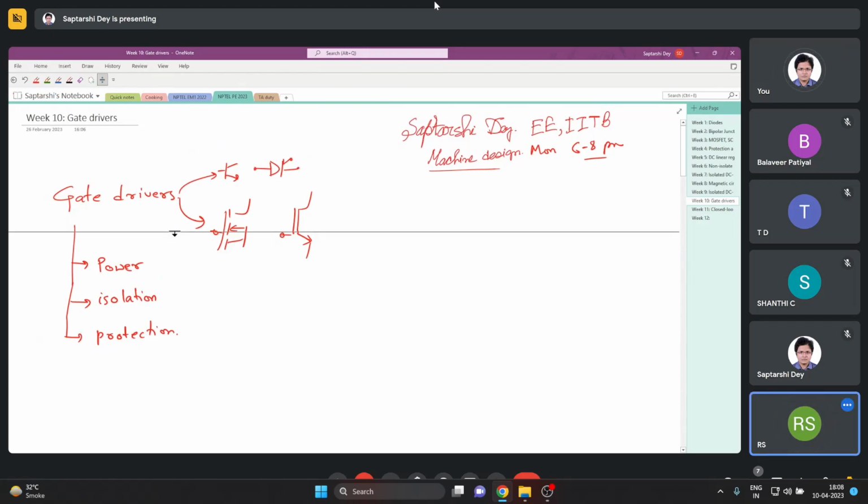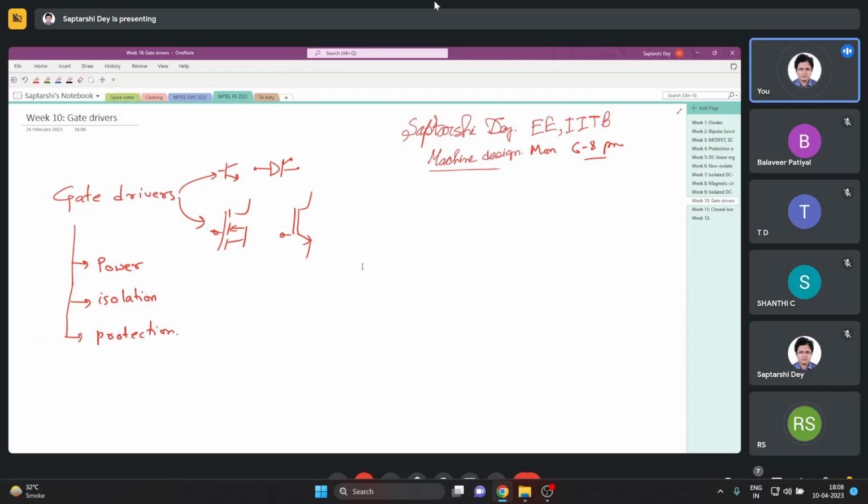Sir, in one of the previous classes, you have told that if we are driving a switch, suppose we are driving the gate with respect to the source, and the source is not at the ground potential, when it is at a floating potential, then there is a need for isolation.